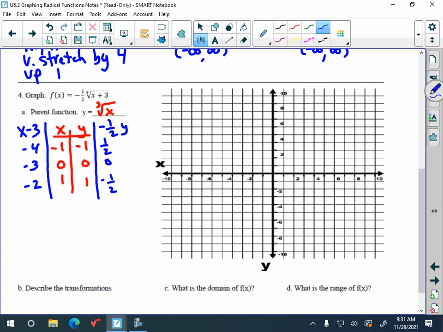We'll plot those points. So (-4, 1/2), (-3, 0), (-2, -1/2). Now I just have to get the shape in there.